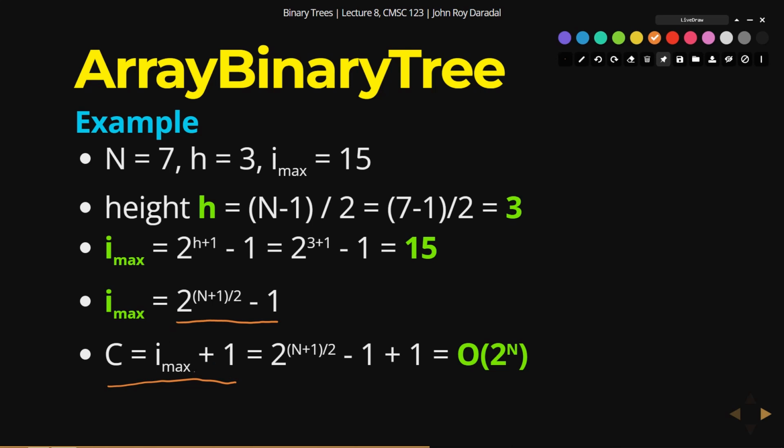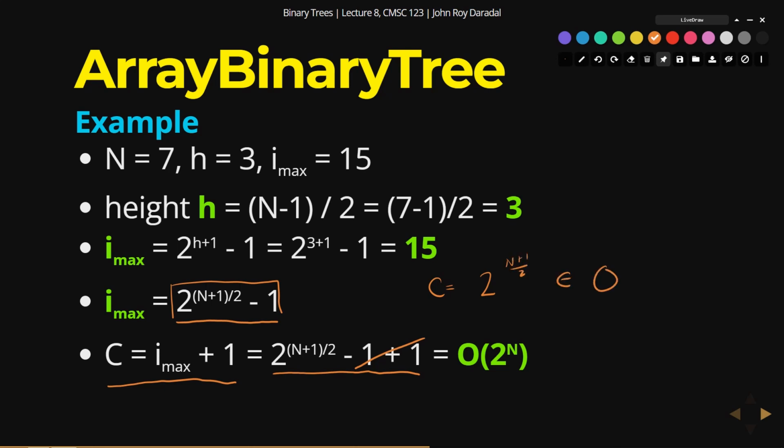Because it's the maximum index, and then you add 1 for the index 0. That would be your array capacity. So if you plug in this value for I max, you will have 2 raised to n plus 1 over 2 minus 1, and then plus 1, so this minus 1 will cancel out. And basically you have capacity is equal to 2 raised to n plus 1 all over 2.